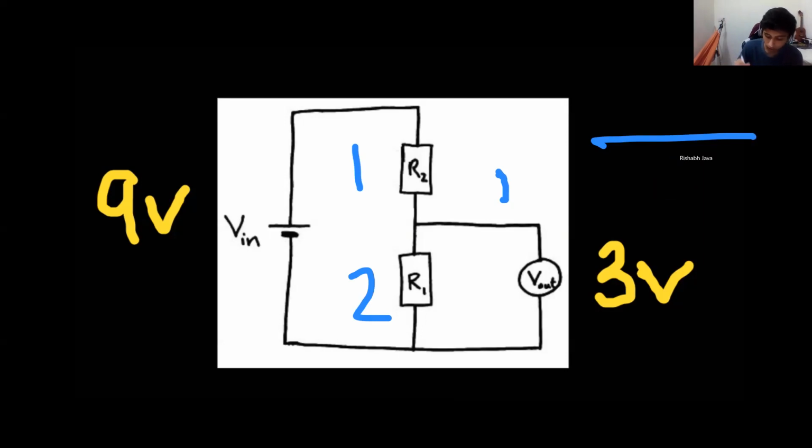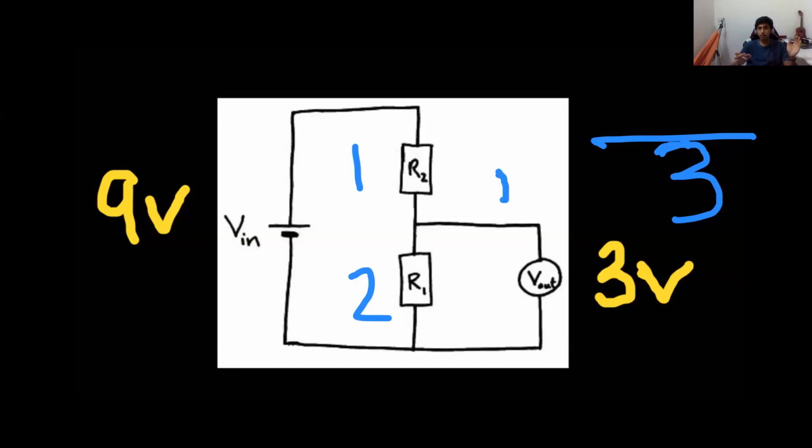It's just like your fractions. So your total resistance will be 3 ohm. Now your 9 volts will get divided into 3 parts. And the amount of volts that each resistor gets depends on the value of its resistance.